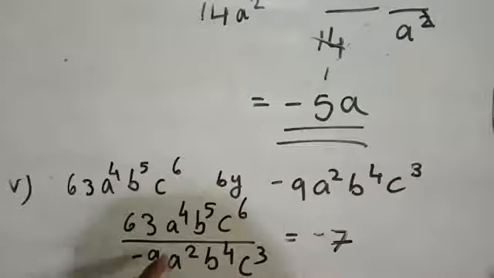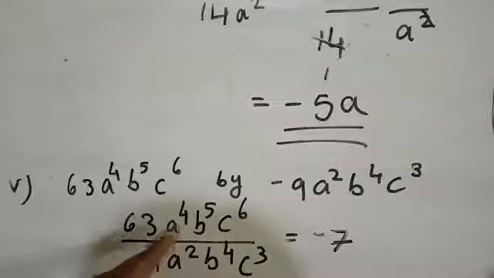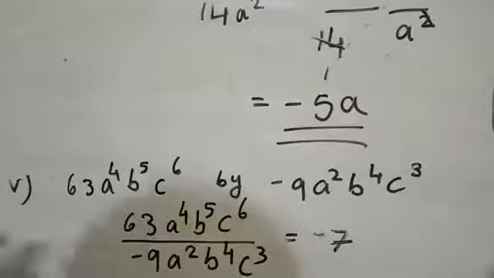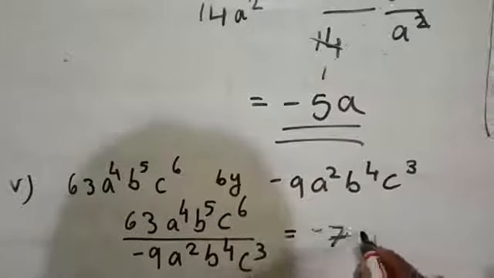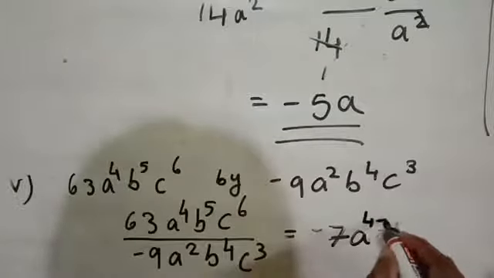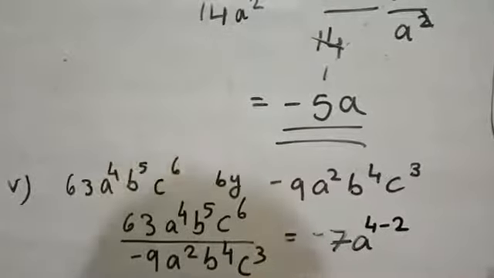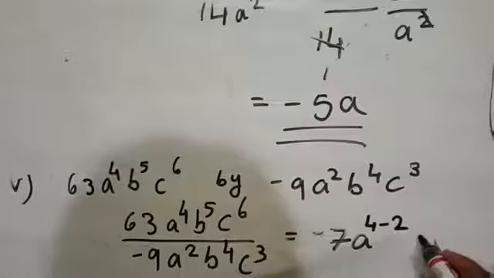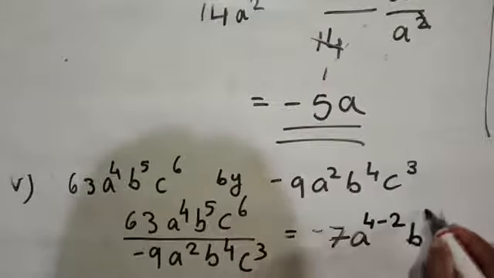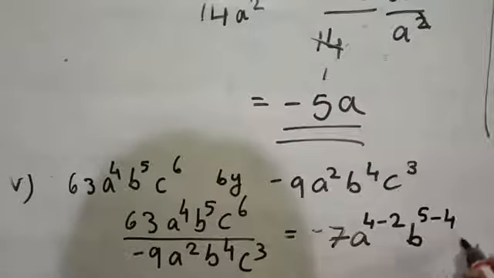Then a raised to 4 is the numerator, a square is the denominator. So a raised to m by a raised to n is a raised to m minus n, that is a raised to 4 minus 2. Same way b raised to 5 minus 4, c raised to 6 minus 3.